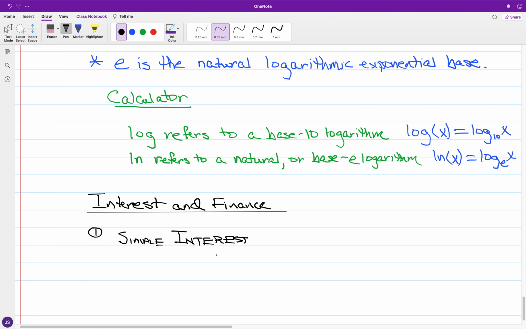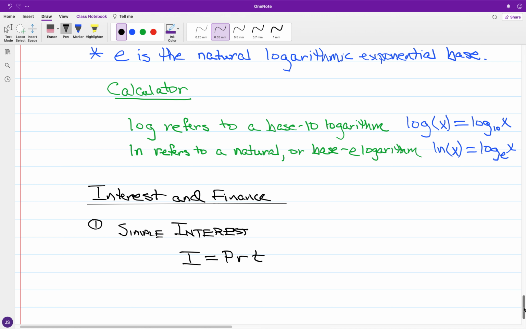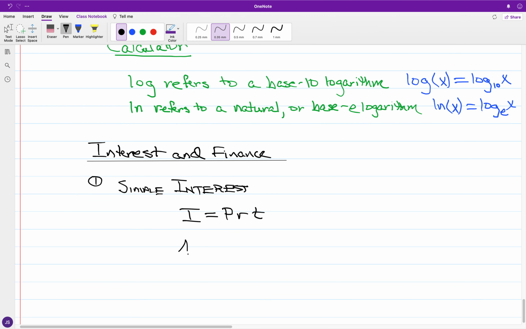Now for simple interest, we have that I is equal to P times R times T. And from this, we have A is equal to P plus I. Now in terms of what the letters represent, I is going to be the interest amount.